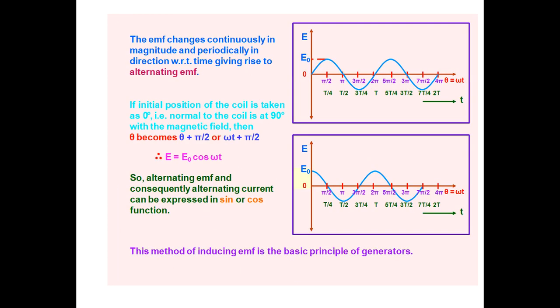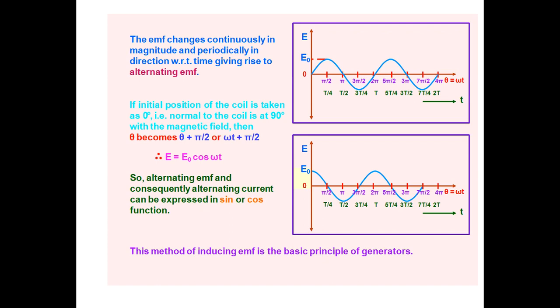And next, if the EMF changes continuously in magnitude and periodically in direction with respect to time, then it gives the alternating EMF.